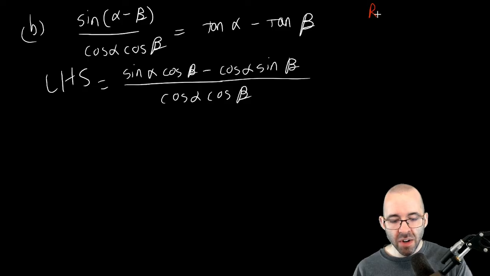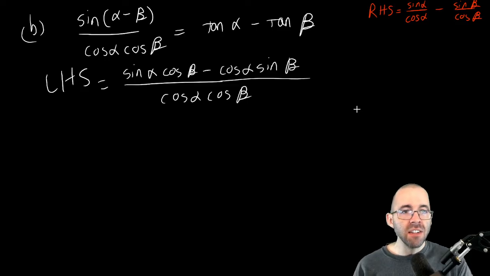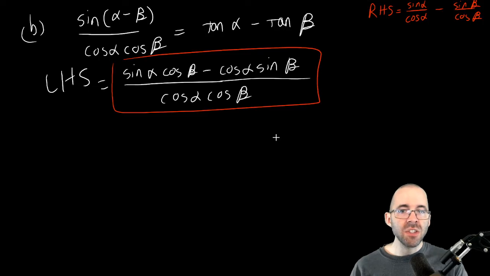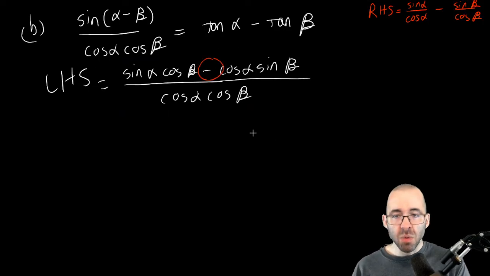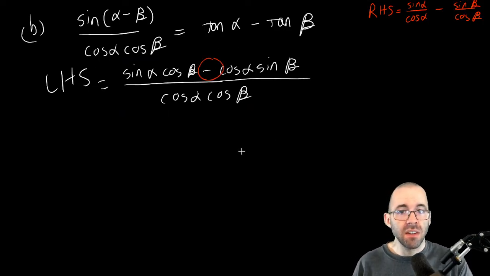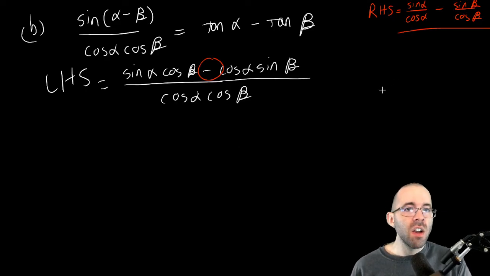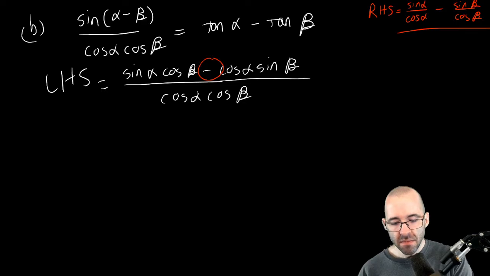If we think about where we're trying to go, remember this right-hand side is the sine of alpha over the cosine of alpha minus the sine of beta over the cosine of beta. So our final answer is really a fraction minus another fraction, whereas here, we just have one fraction. So let's break up the fraction. We know eventually the fraction needs to get broken up. So let's try it now. That's the main thing that I see.